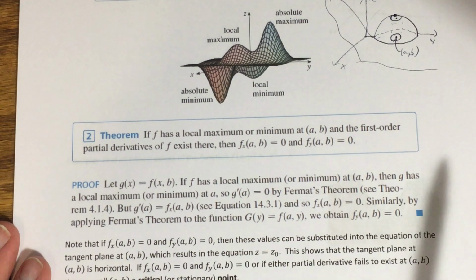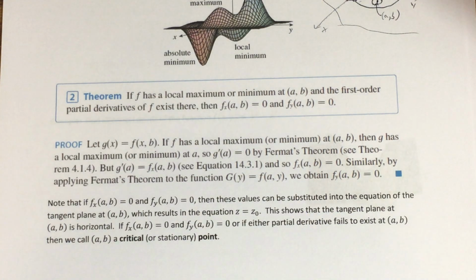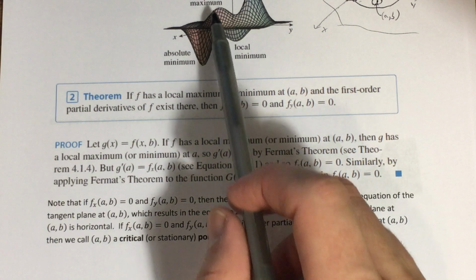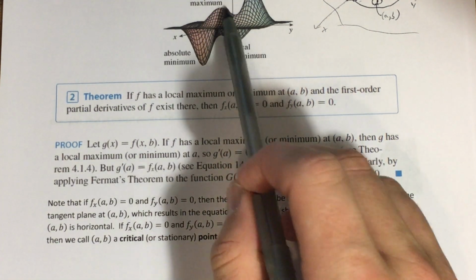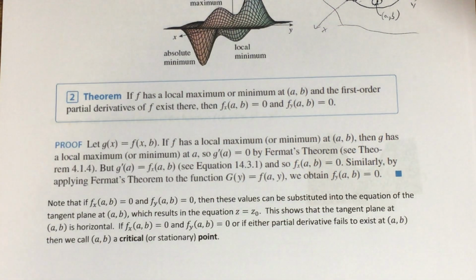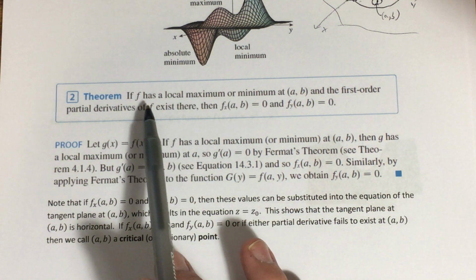All right, so we have this theorem that's going to help us characterize these particular points, where we can find, more specifically, local extrema, local maximum values, local minimum values. And this is very similar to something that we call Fermat's theorem in Calculus 1.